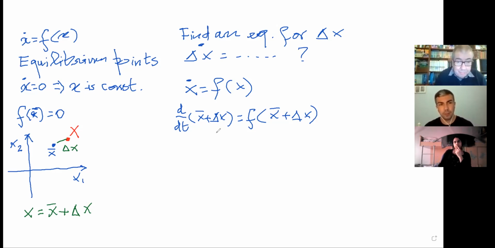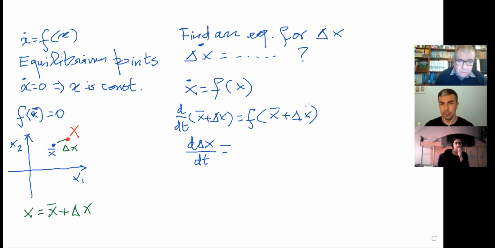It is the derivative of x bar plus delta x. This is the derivative of delta x, because the derivative of x bar is 0. And this is f of x bar plus delta x.